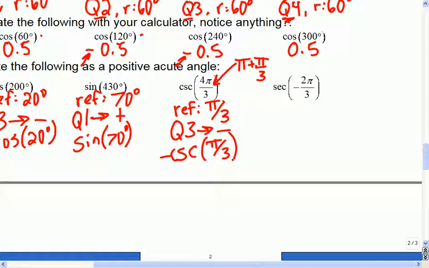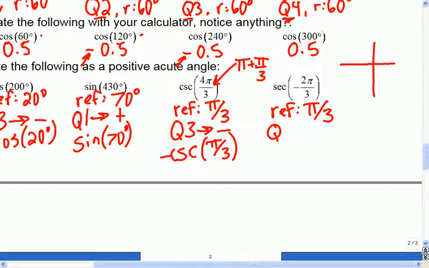Okay. And finally, with the secant, negative 2 pi over 3, what would the reference be for negative 2 pi over 3? Yeah, so if we ended up adding pi back to this, we'd get a quadrant 1 angle of pi over 3. So which quadrant is negative 2 pi over 3? 3.